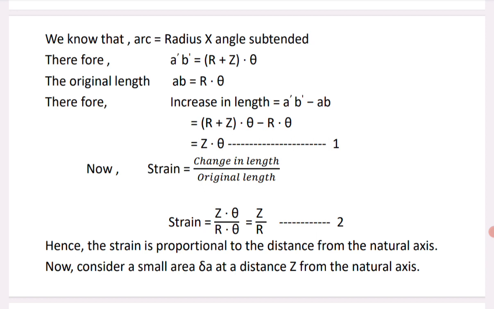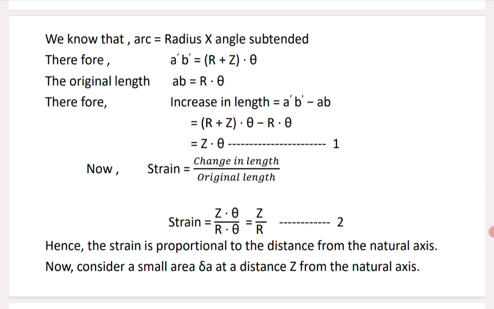Therefore, the increase in length is equal to A dash B dash minus AB. Initially all the layers have the same length. When we apply a load at both the ends of the rod or beam, one layer is neither elongated nor compressed, the so-called neutral axis, while the layers above that neutral surface get elongated.